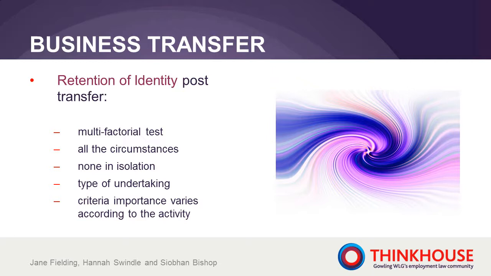So you look at all the circumstances surrounding the situation, and then you sort of step back from that picture, which might be slightly bewildering, like the picture on the screen, and you try and work out if stepping back from it, it feels and looks like a business transfer. So no single factor in isolation is going to be determinative. You've got to take them all into account.